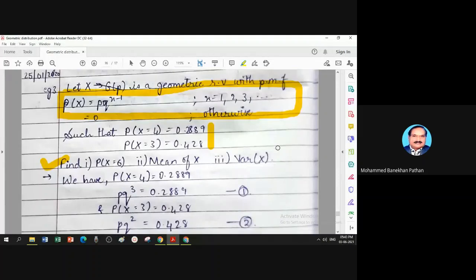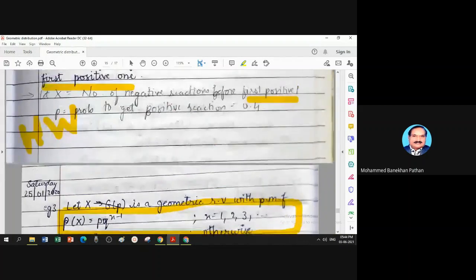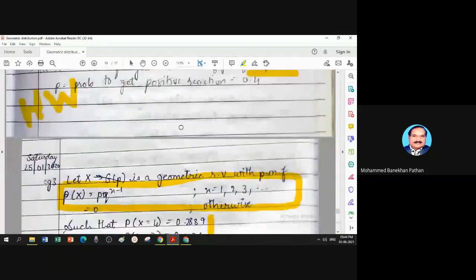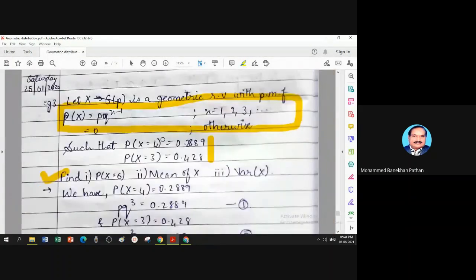Now, what do you mean by this question? To solve this question, you should have knowledge of P and knowledge of Q. Just like in example 1 and example 2, P is provided. But here, P is not provided; probabilities are provided.